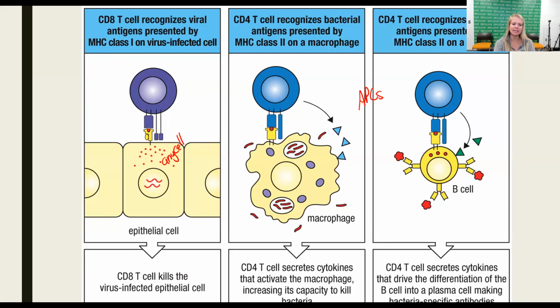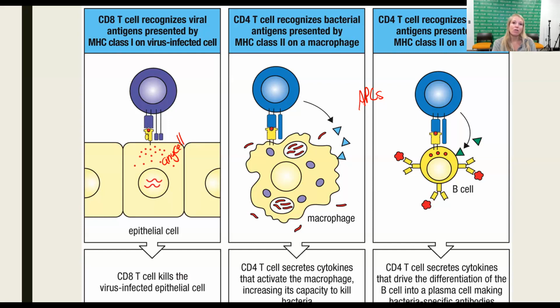And then what happens is that a macrophage will take up an extracellular bacteria, process it, present it, and load it onto an MHC class 2. The CD4 co-receptor will recognize the MHC class 2. The T cell receptor will recognize the processed antigen. That will get the macrophage to interact with the T cell. The T cell will then do its helper job and secrete cytokines to activate the macrophage.